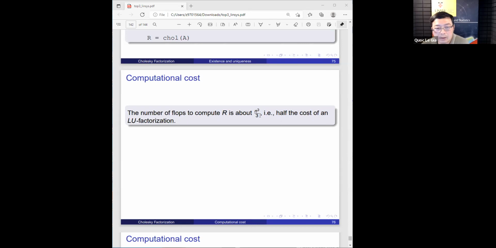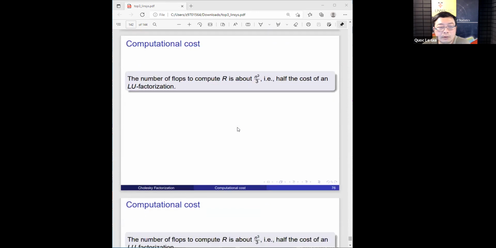So in this special case of a symmetric positive definite matrix, Cholesky takes only half the time of the LU factorization.